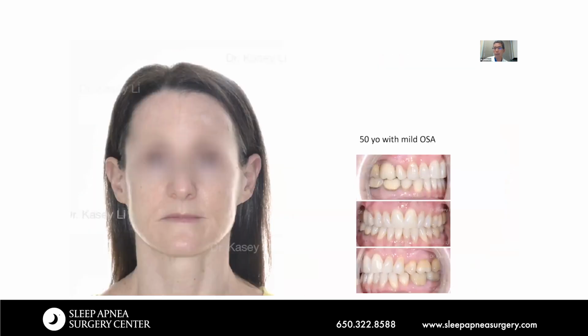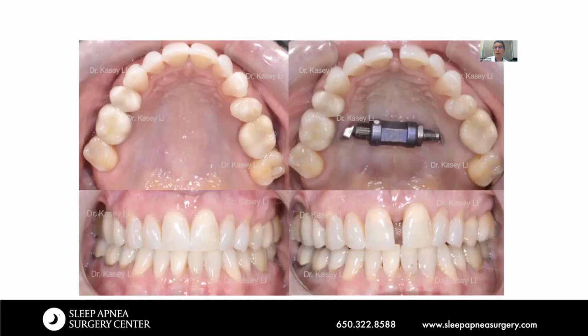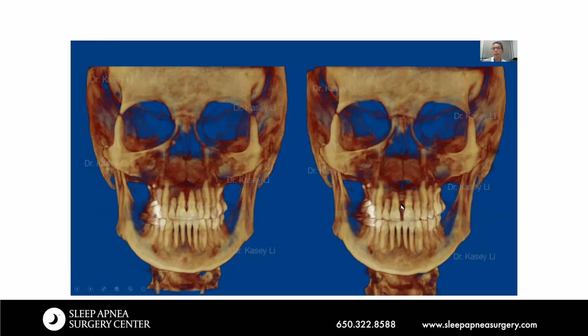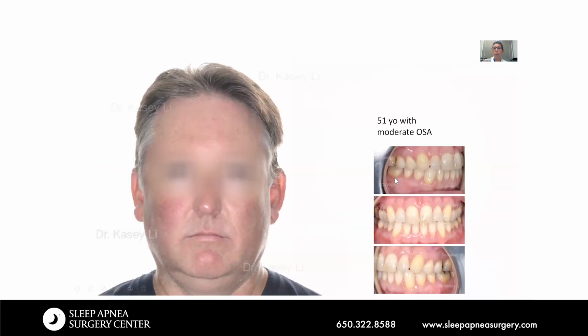Sleeping better. Now 50, I'm treating her, I treated her son, so she decided to come in to be treated. She had some nasal obstruction, skeletal expansion, front and back, no destruction in terms of the alveolar aspect. There you can see pure bone expansion with nasal opening. 51-year-old man with moderate sleep apnea, a bit overweight.